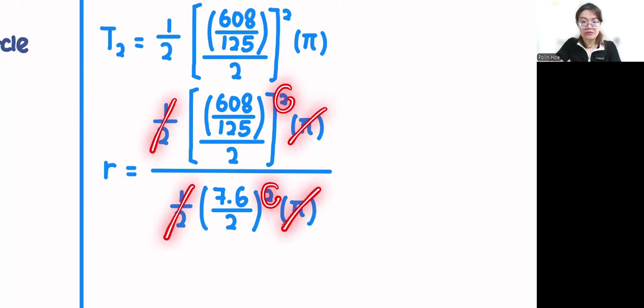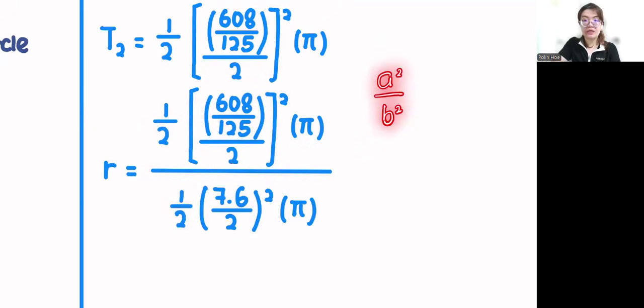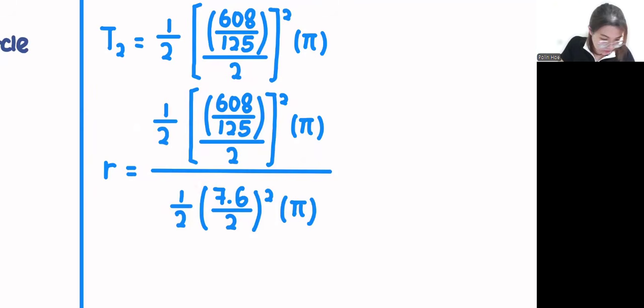What you need to do is take 608/125 divided by 7.6, and then you square it. Okay? The square cannot be cancelled. Your Form 3, Chapter 1: A square over B square equals A over B, the whole thing squared. I get 0.4096.